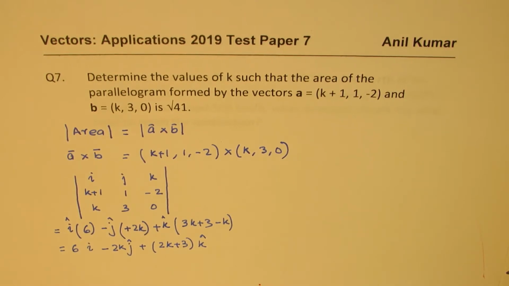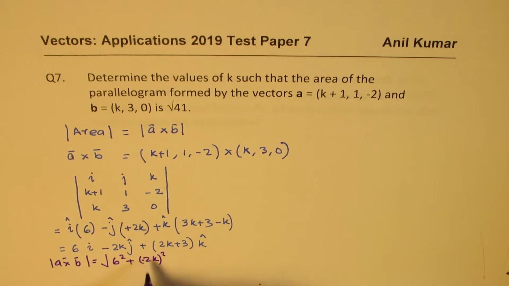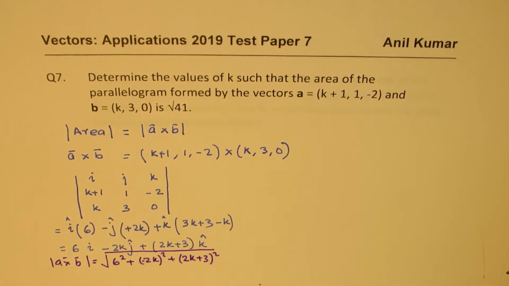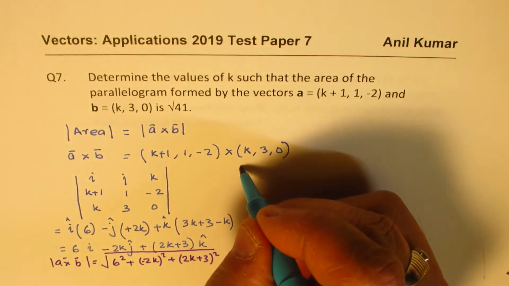Now, what is the magnitude of this? The magnitude of A cross B is basically the square root of 6 squared plus 2K squared. You may write minus, but that becomes positive, plus 2K plus 3 squared, correct? Square root. So that is what it is. Now we can take it on the right side and solve it.